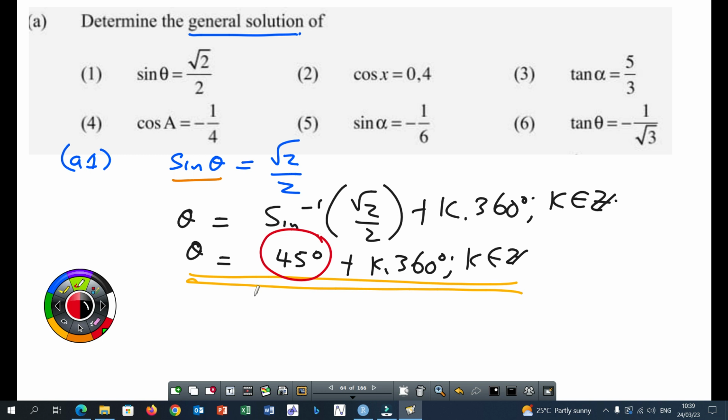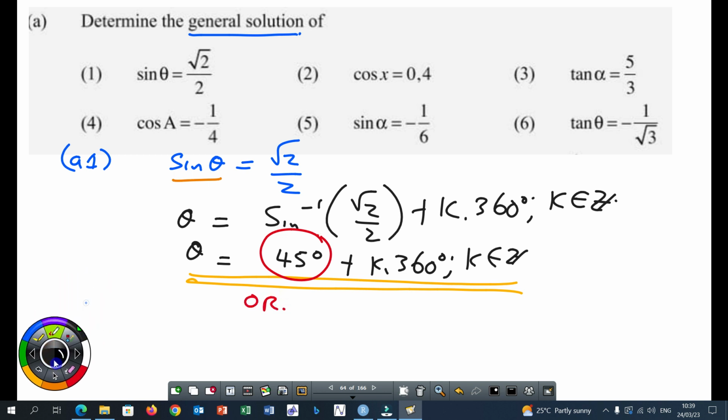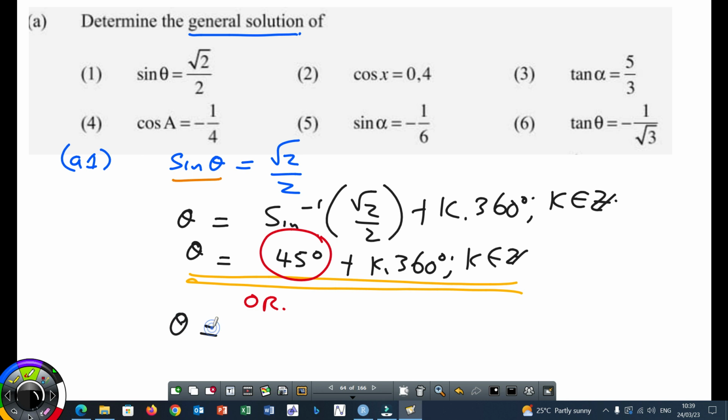Then our second solution. Since this reference angle is acute, it has a sister or brother in the second quadrant, and that angle will be obtuse. Yesterday I explained how to get that angle.